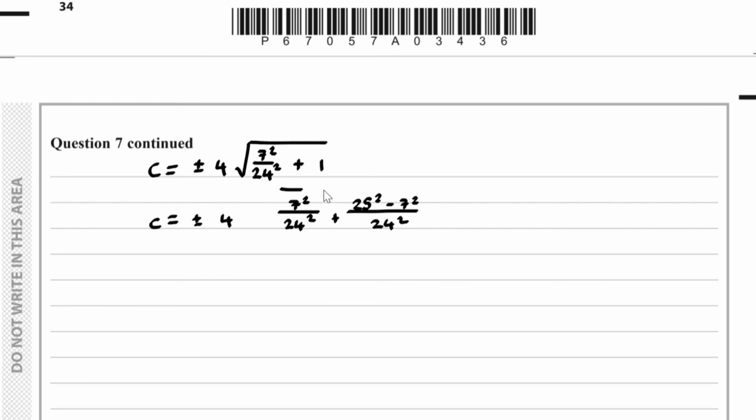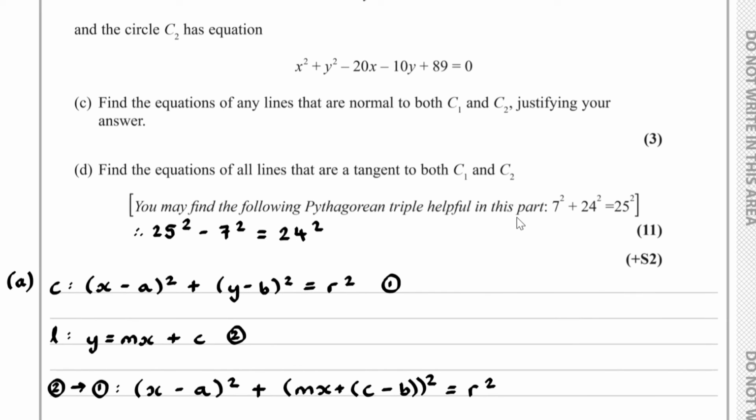And then all of this will be square rooted. So we've applied this idea that 25 squared minus 7 squared is what 24 squared is.